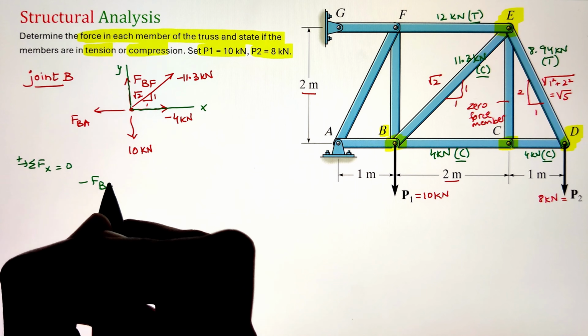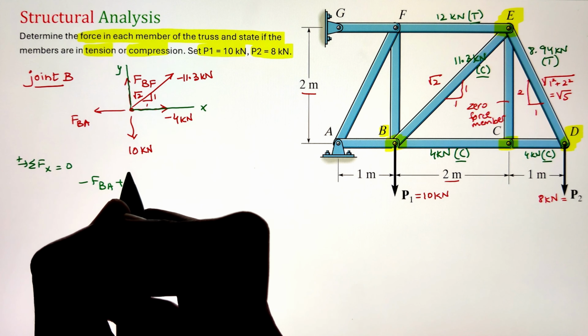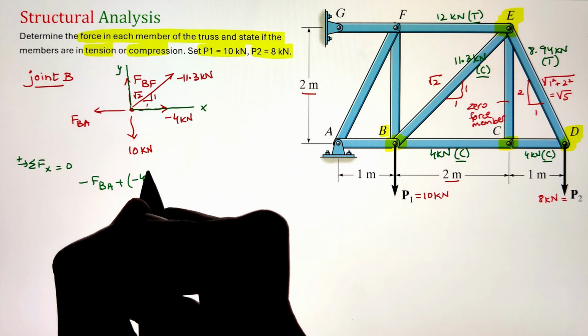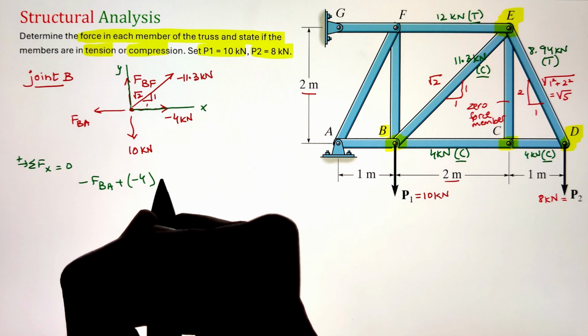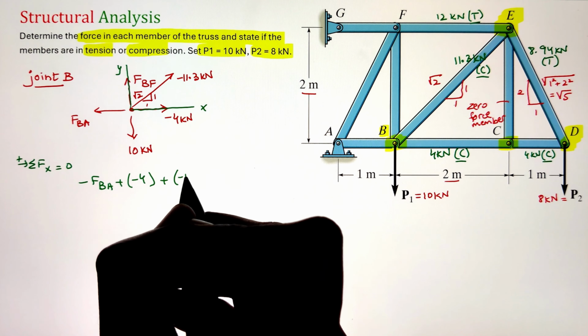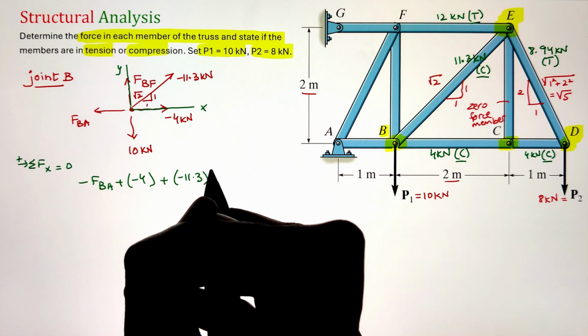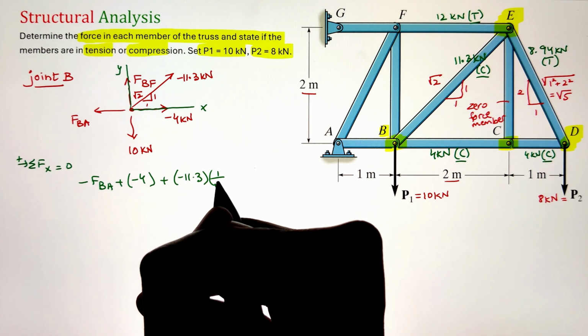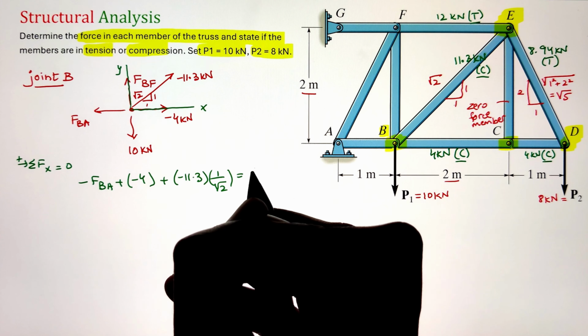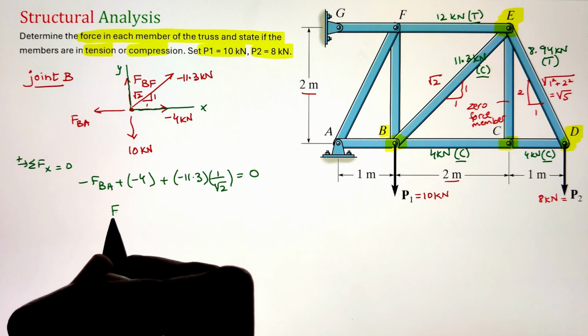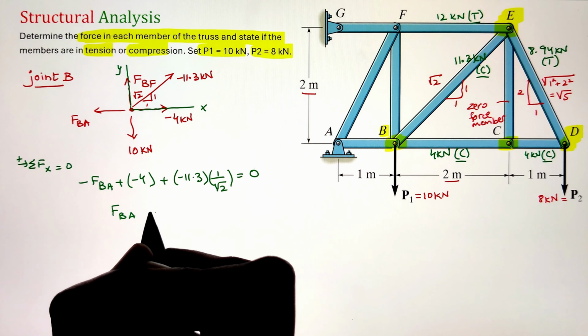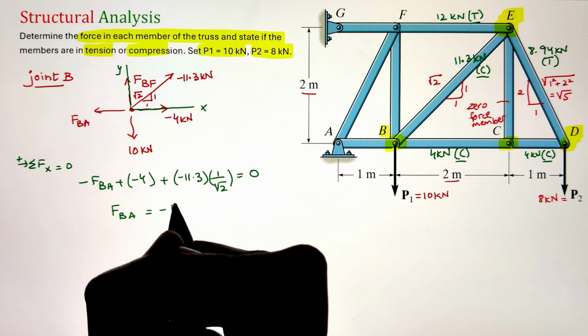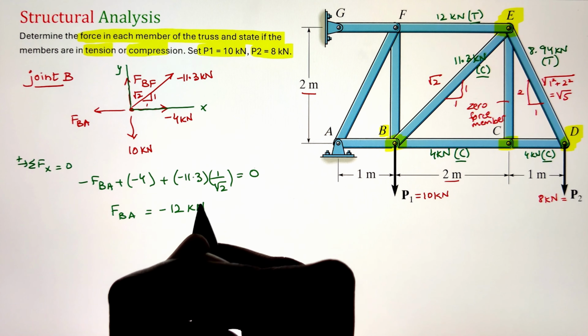Now, once we have listed down all the forces in the members, let's go ahead and apply our equilibrium equation again. In this case, starting with summation of forces along the x direction equals to 0, we can identify our force in member BA, since it is going towards the left, taken as negative, whereas our negative 4 is going towards the right.